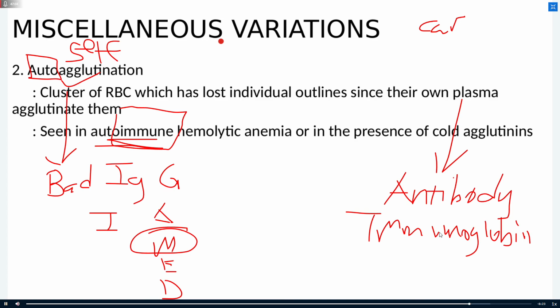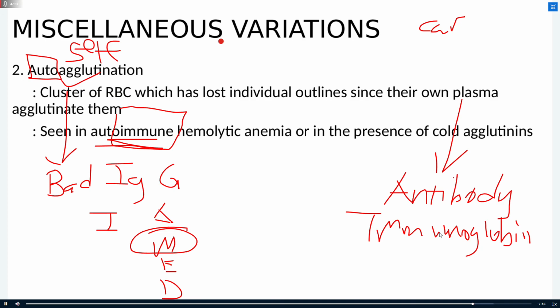Okay, it can pass through placenta. Very good. Which immunoglobulin is responsible for your primary infection? Let's say first time ka nagkaroon ng ganitong sakit, what antibody would usually produce? No, it's not your okay, it's your IgM.